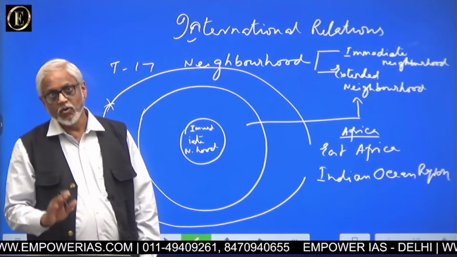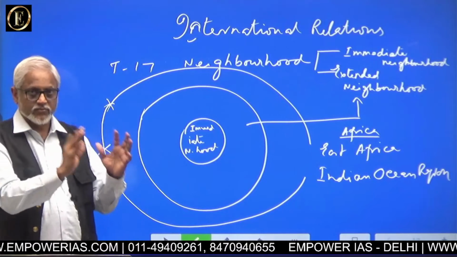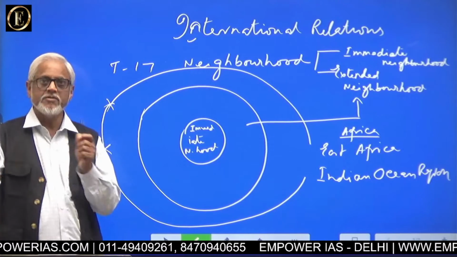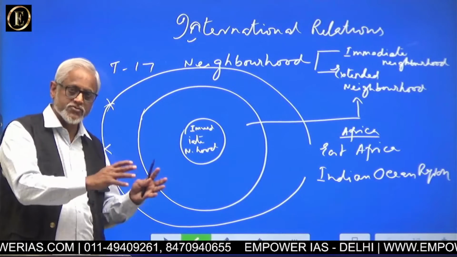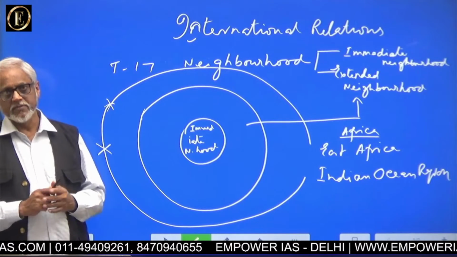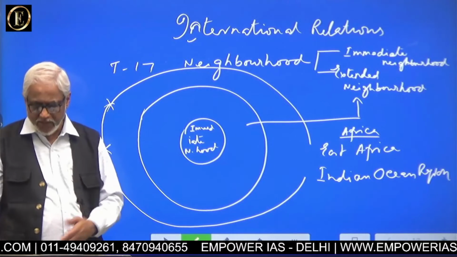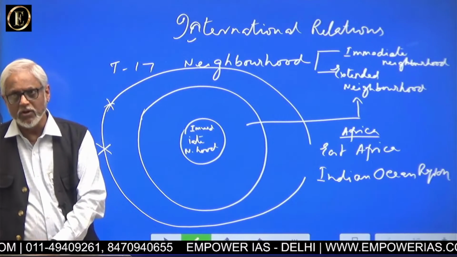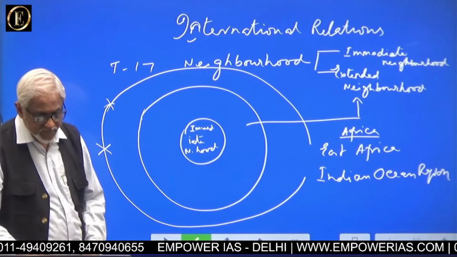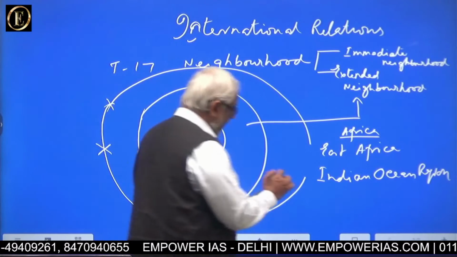Don't think that each zone has a distinct group of countries. Sometimes it is overlapping. Some Southeast Asian countries may also be in the Indian Ocean region. So don't look at them in a different way. This has been grouped, and then Asia Pacific.